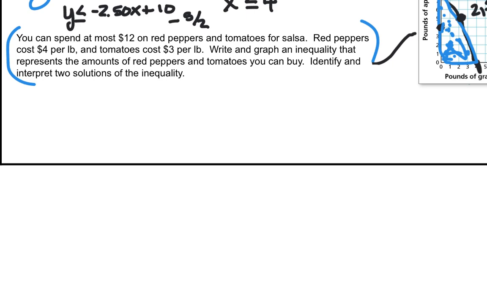You can spend at most $12 on red peppers and tomatoes. Okay? So it's just like the grapes and apples, y'all. So we're going to say the red peppers are $4 and tomatoes are $3.